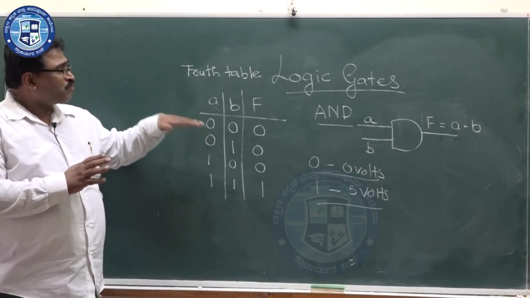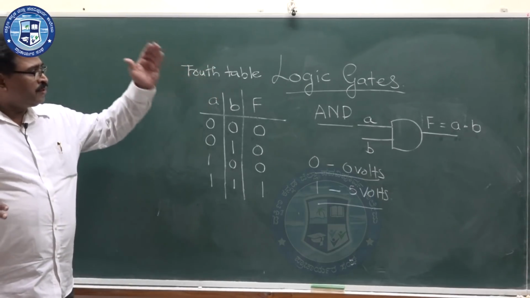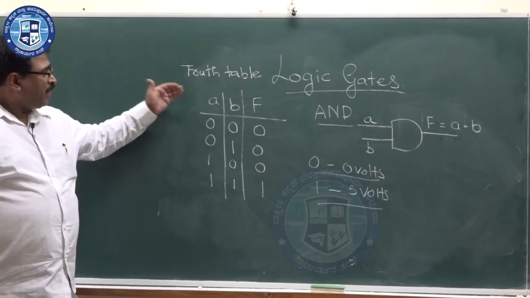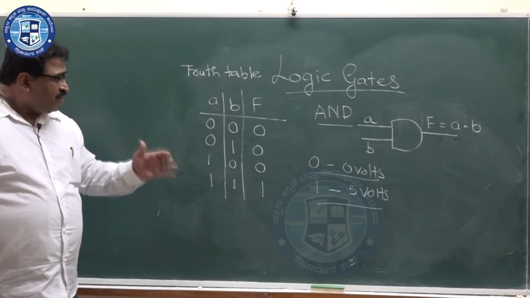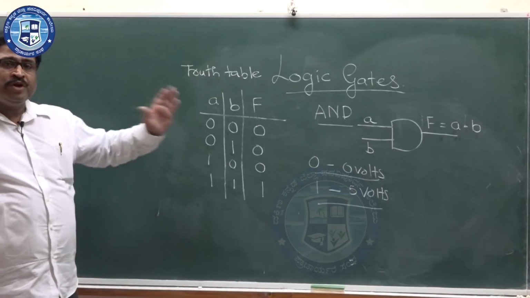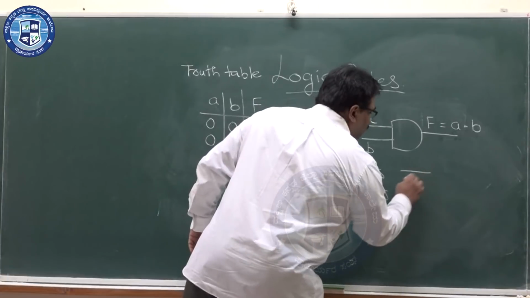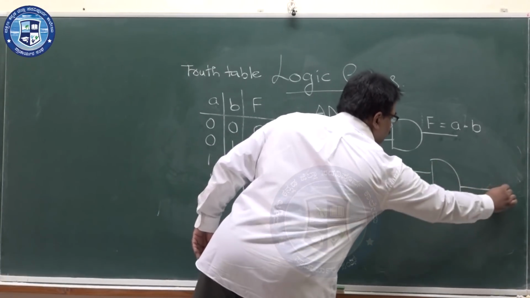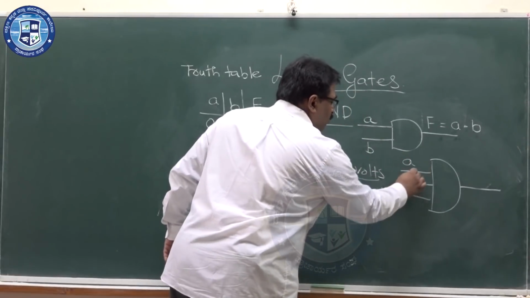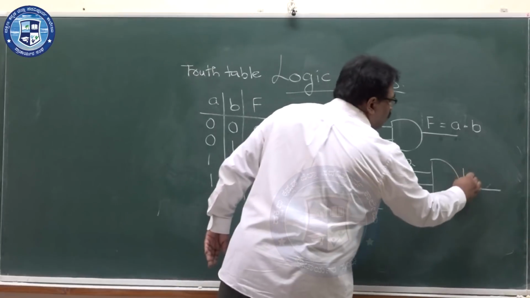So we have just finished with the AND gate. We have seen the symbol, expression, and we have seen the truth table. Now here we are talking about 2 inputs. We can have even an AND gate which has 3 inputs, A, B, C. So what will be your output here?